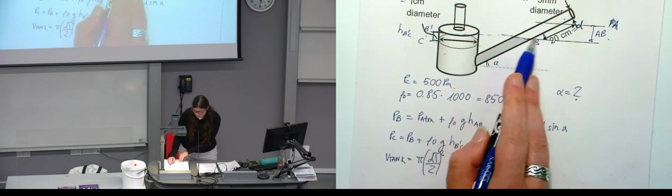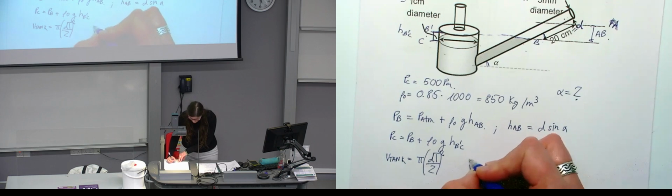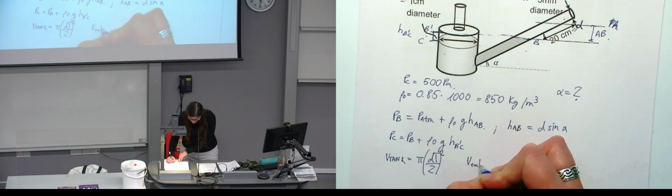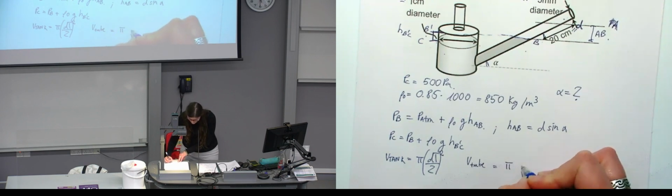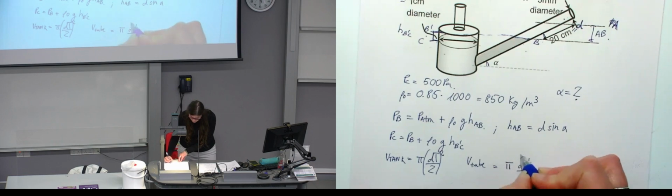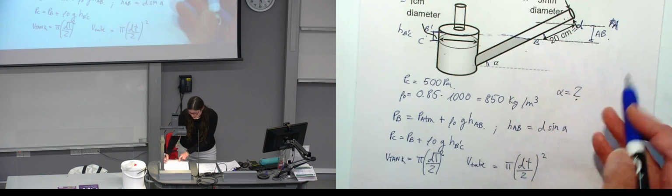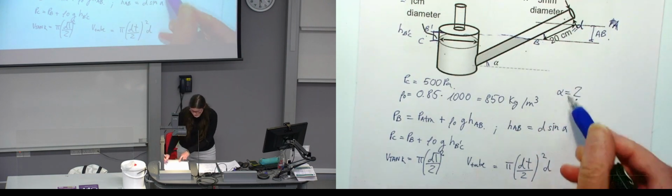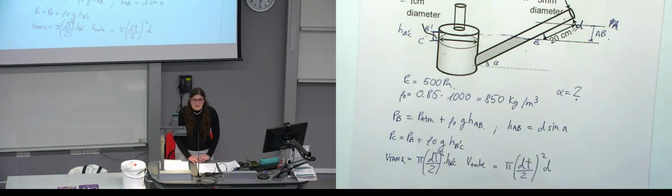Then the volume of the fluid displaced here, which I will call volume tube, is the same: pi times (lowercase dt divided by 2) squared, multiplied by d, which is this distance. Oh, sorry, I forgot.